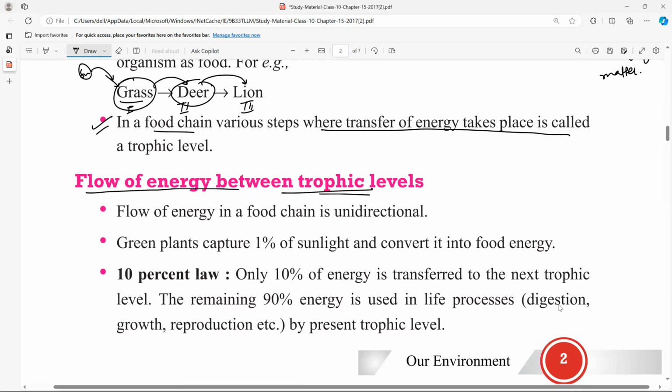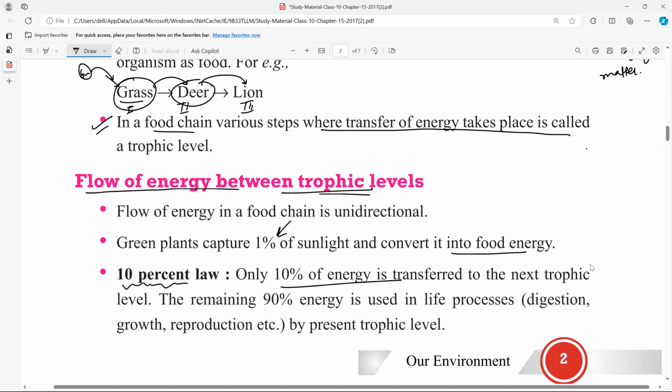This is called the 10% law. The flow of energy in a food chain is unidirectional. For example, green plants capture only 1% of sunlight and convert it into food energy. The 10% law says that only 10% of energy is transferred to the next trophic level.